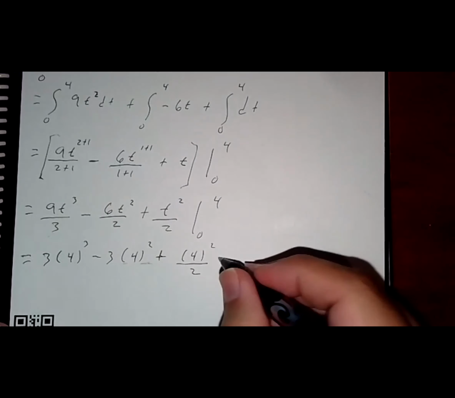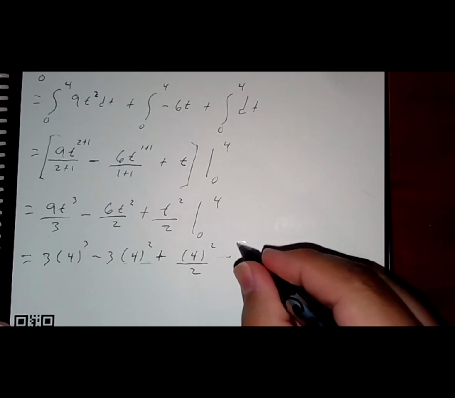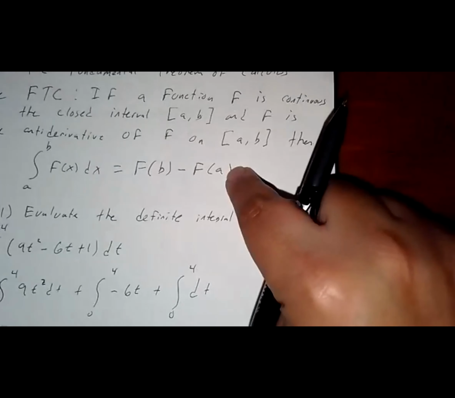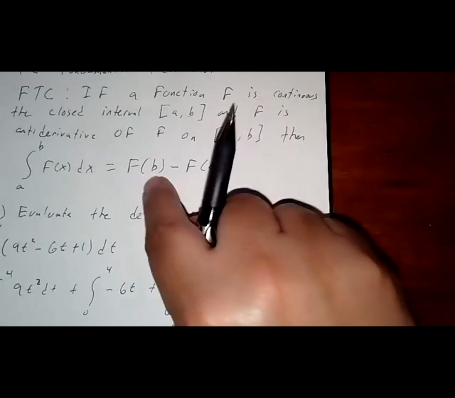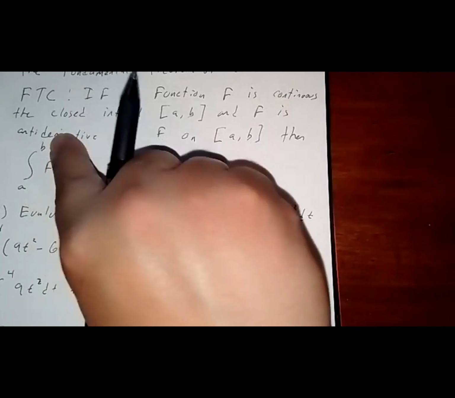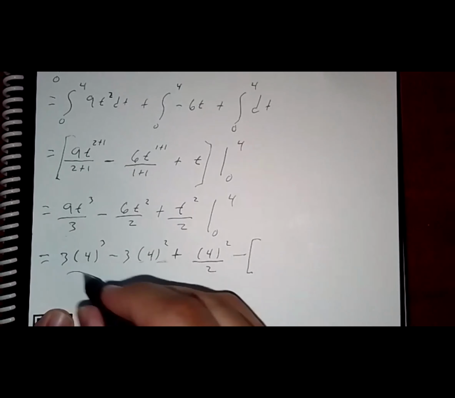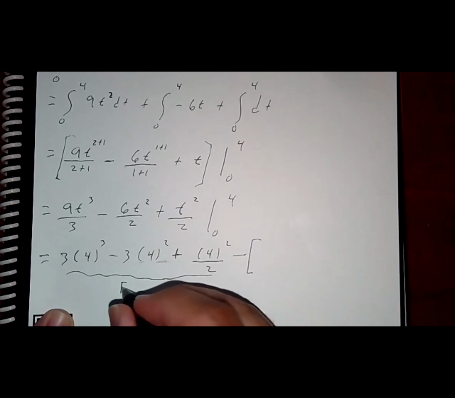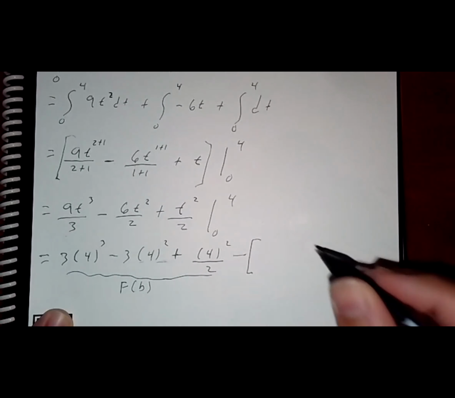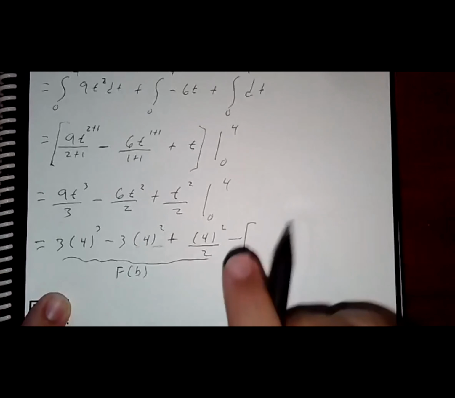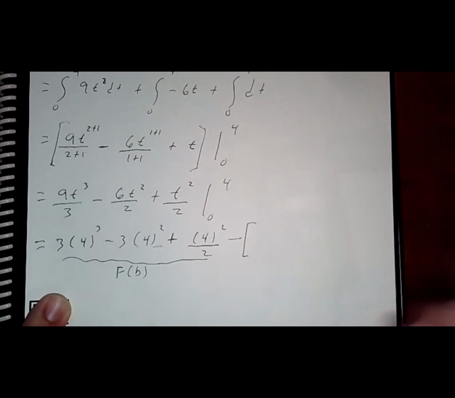Then minus, and I'm doing this part now, F of B minus F of A. B was first, minus the A. So all of this right here is my F of B. Minus, now plug in that 0 into everything.